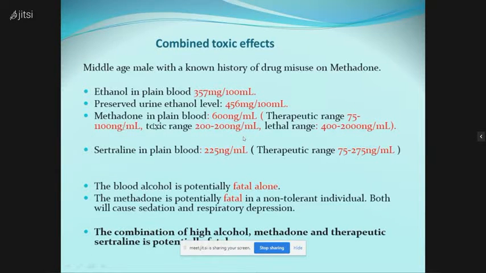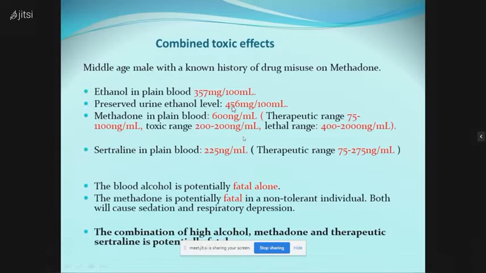But if we look at the values of the ethanol here, the value of ethanol in the urine is very high, indicating that the person had taken alcohol recently, and this amount of alcohol in the urine and blood is enough to kill a person without methadone.